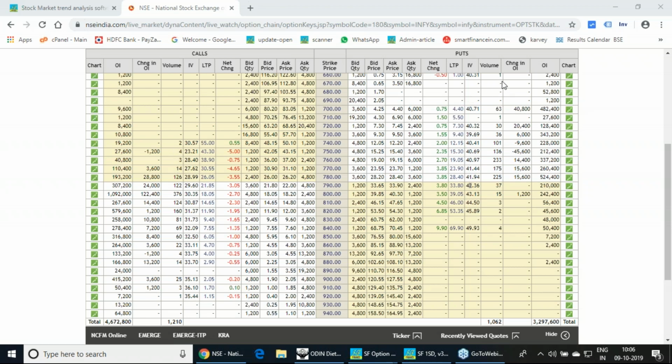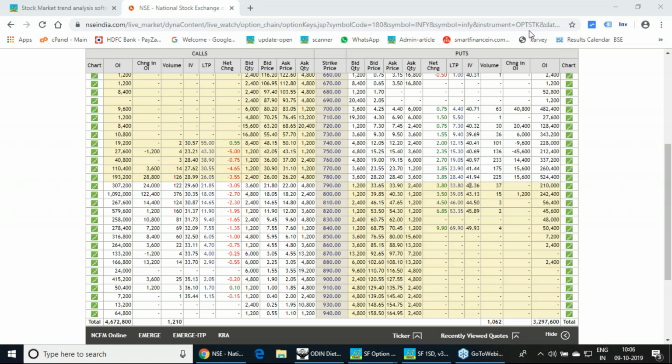So IVs of the puts are more, demand is more in these, and most of this demand is being utilized for hedging. There is more than 30% difference between the IVs of the puts and calls. That means whatever puts are being bought are used for hedging.